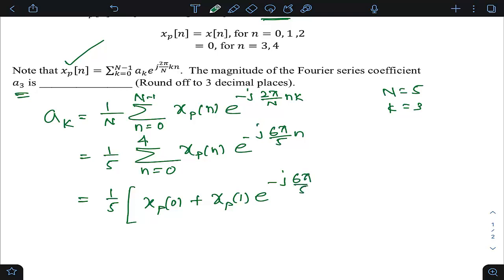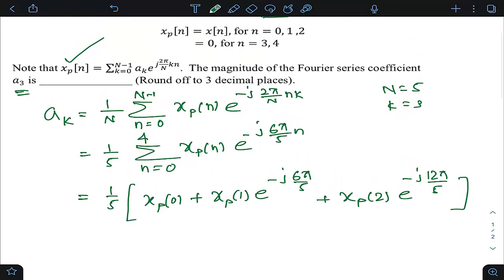Plus, if you substitute n equals 2, xp of 2 into e raised to power minus j 12 pi by 5. And plus xp of 3 plus xp of 4, but they will be 0 because xp of n is 0 for n equals 3, 4. So xp of 3 I know is 0. Similarly, xp of 4 is also 0. So there is no point writing this further.